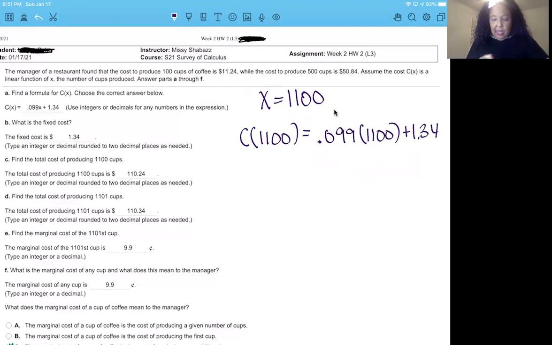I'm getting 110.24. So $110.24 is the total cost of producing 1,100 cups.